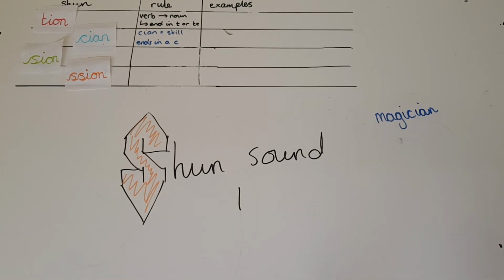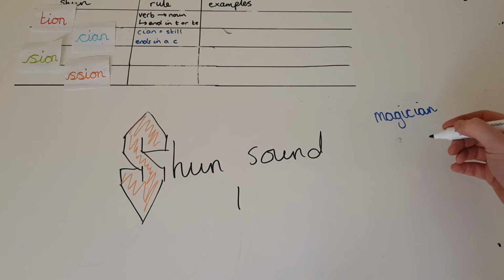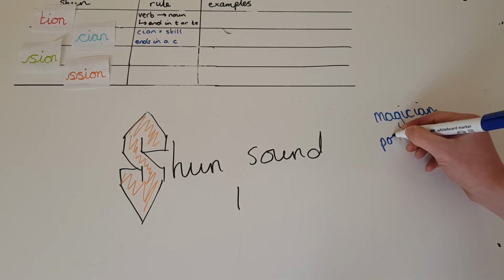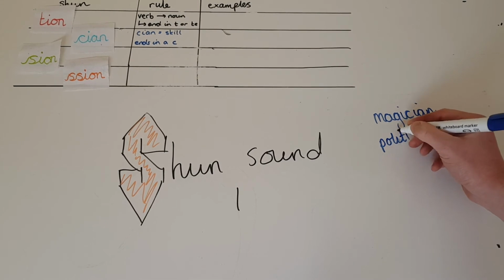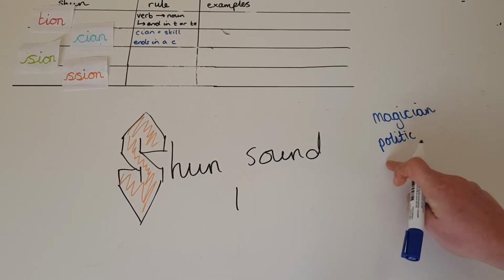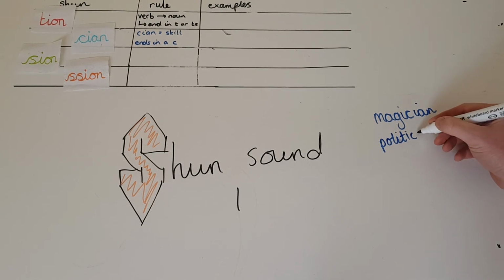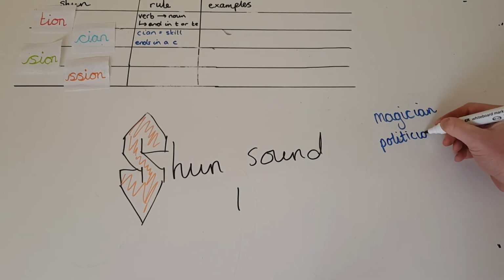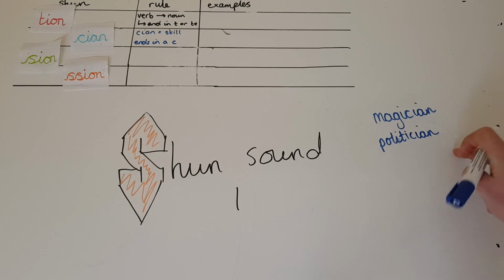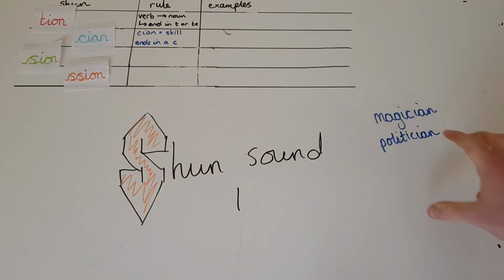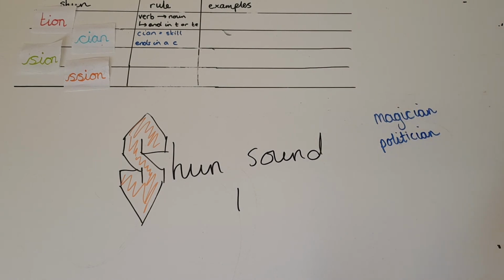Another one that we could use is politician. We've got politic, which is your root word. So therefore the job in politics would be IAN: politician. With that in mind, you want to put those in your examples over there.